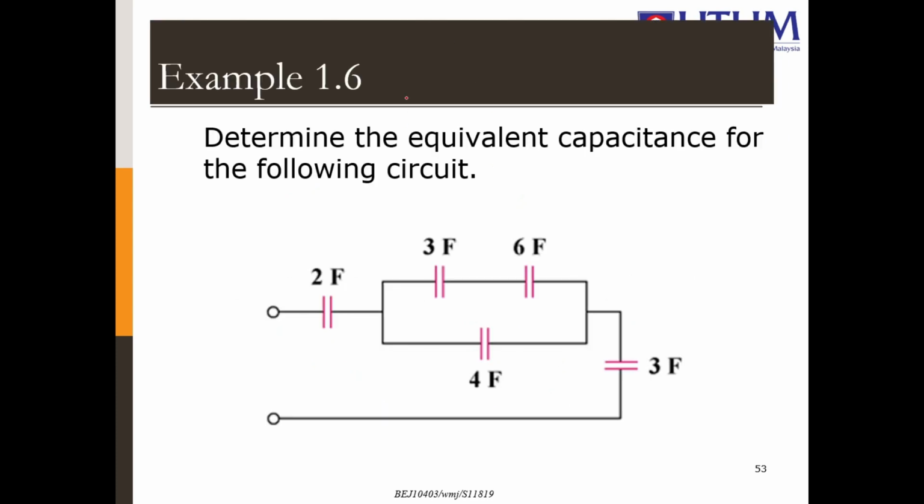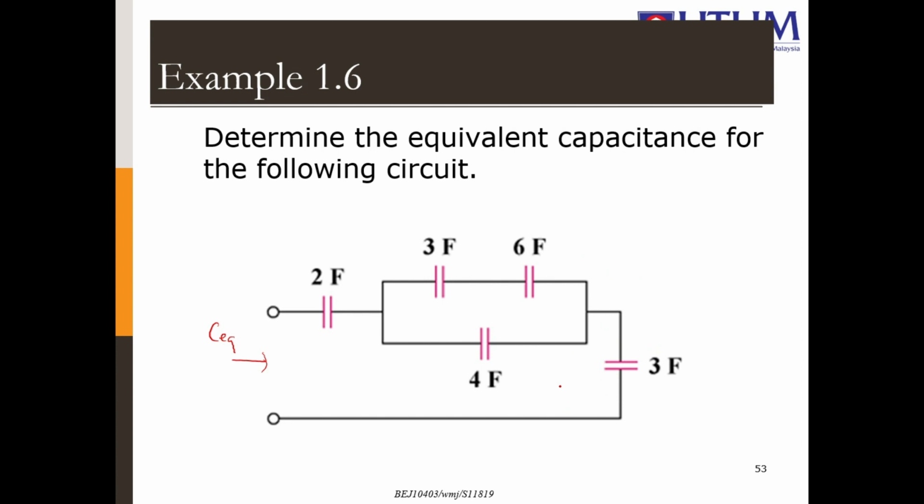Next, in example 1.6, let's determine the equivalent capacitance for the following circuit. If you are trying to find C equivalent, you need to do circuit reduction. That is the best way to determine the equivalent capacitance if you're given the circuit itself.